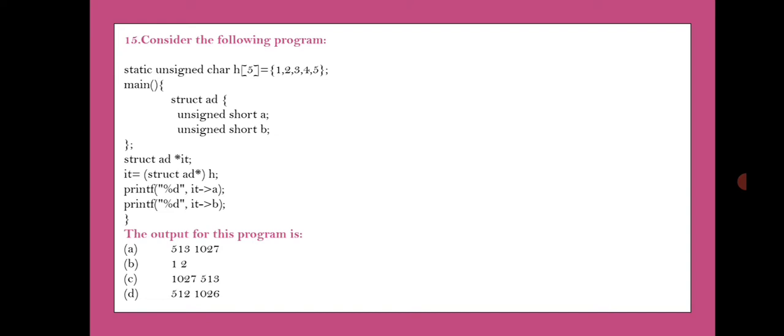We have struct AD, unsigned short A, unsigned short B. In the main, struct AD pointer IT is associated with struct AD H. We're trying to print IT percentage D, that means the decimal of IT A, IT B.